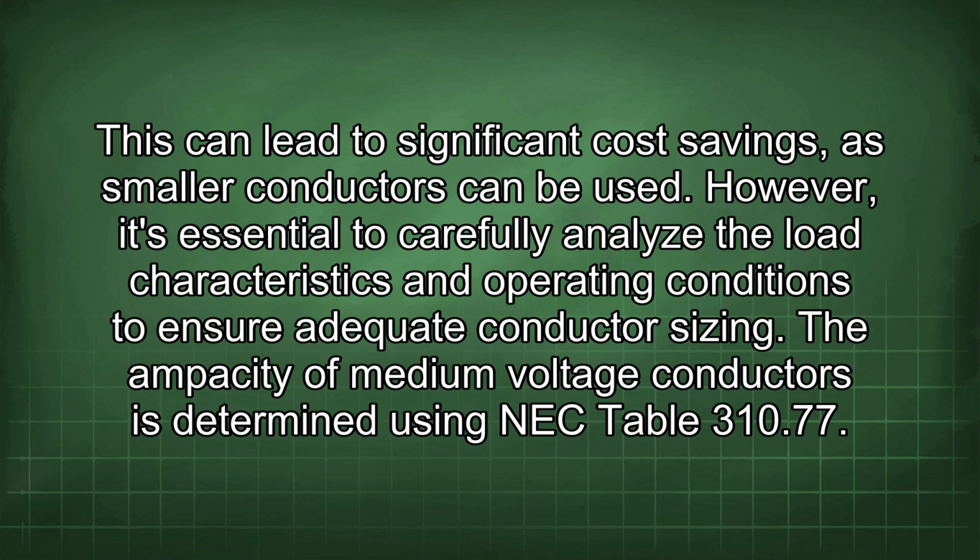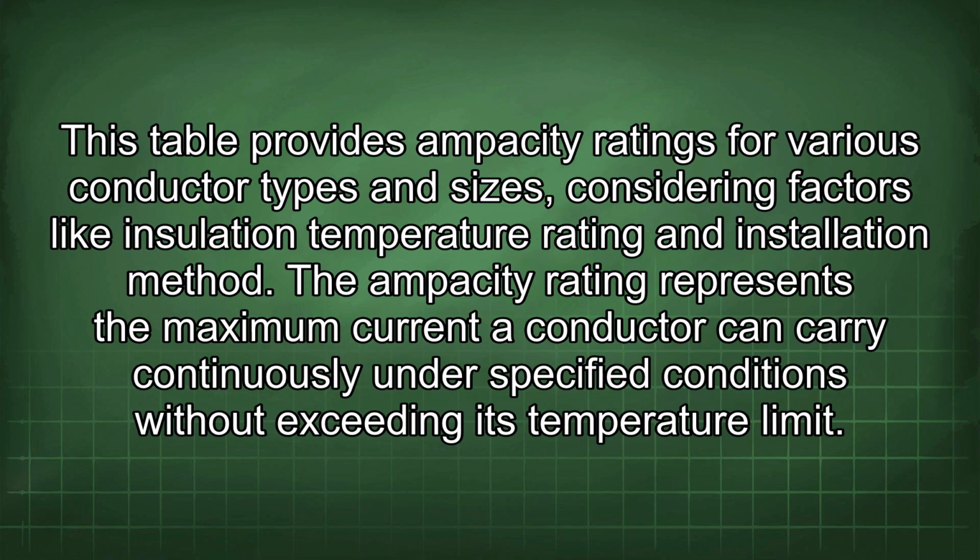The ampacity of medium voltage conductors is determined using NEC Table 310.77. This table provides ampacity ratings for various conductor types and sizes, considering factors like insulation temperature rating and installation method. The ampacity rating represents the maximum current a conductor can carry continuously under specified conditions without exceeding its temperature limit.